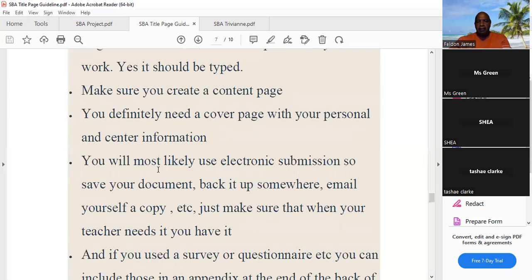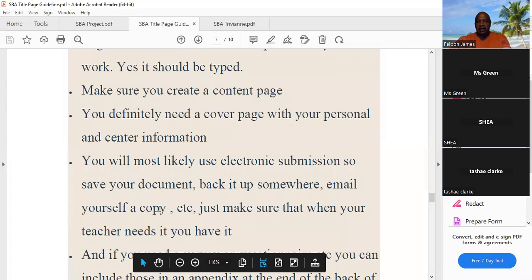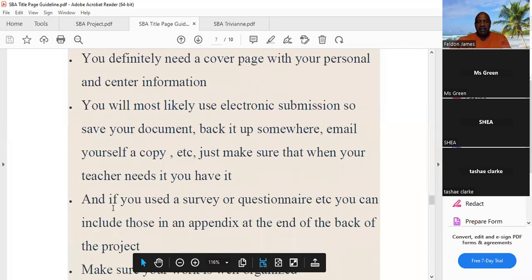You will most likely use electronic submission, so save your documents, back them up somewhere, email a copy to yourself, etc. Just make sure that when your teacher needs it, you have it.